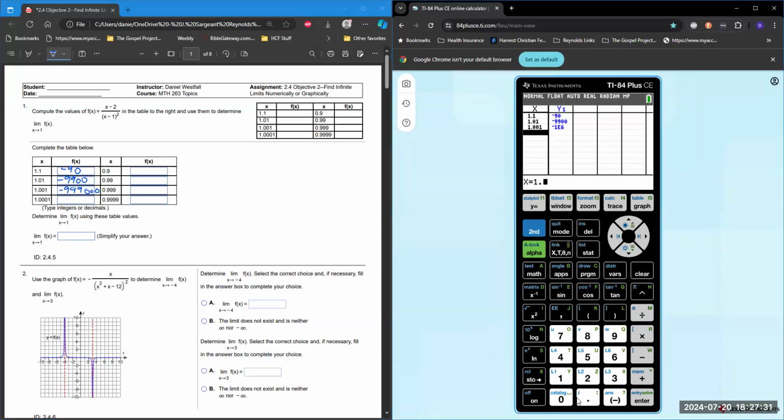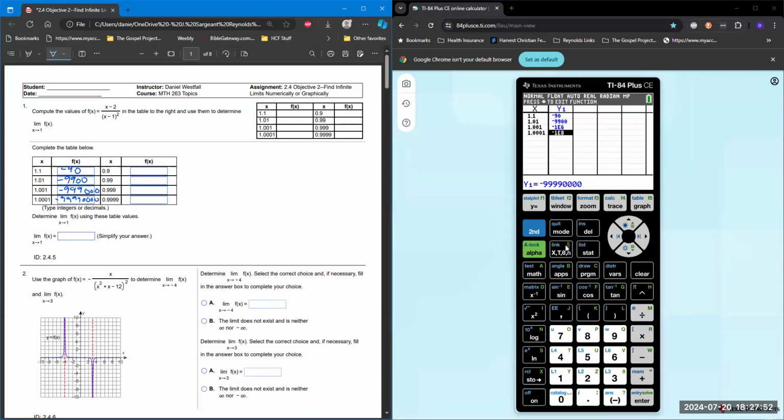And 1.0001, and we're going to get negative 9,999,000.